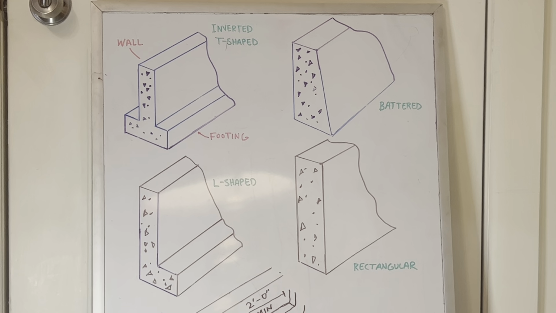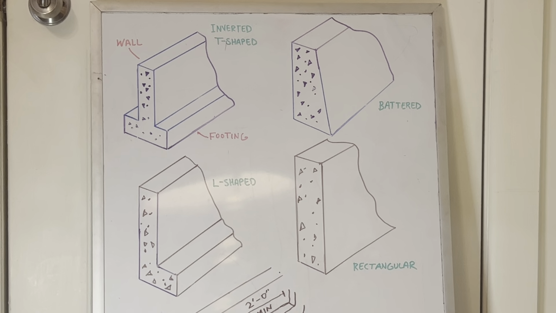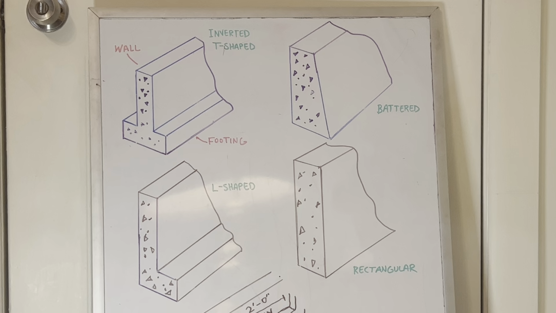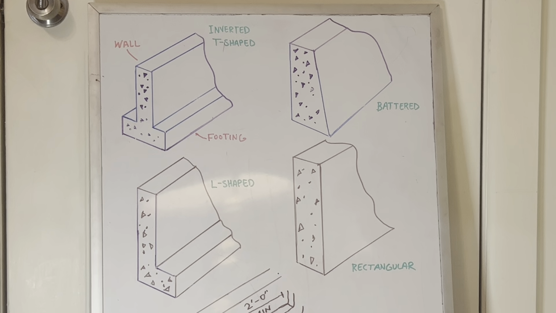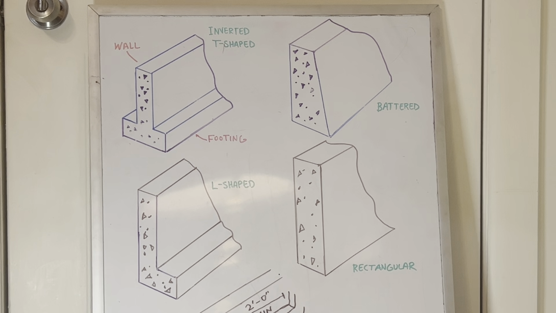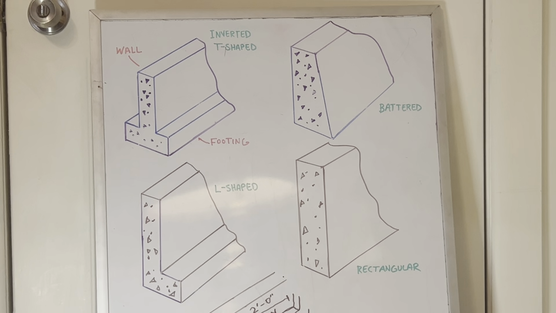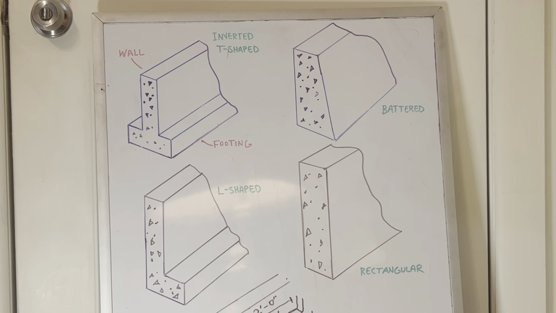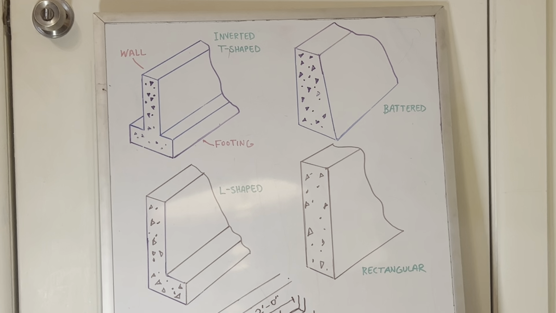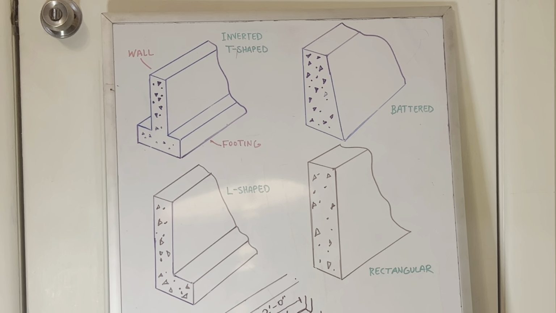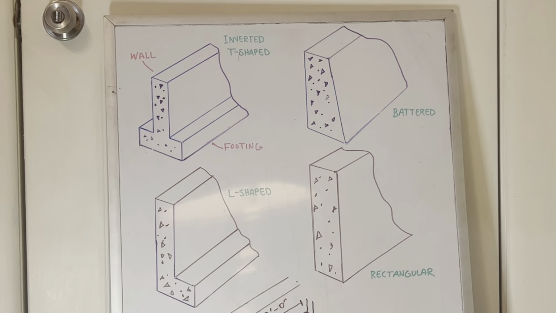They're looking to see what type of soil you're going to build on, and that has an effect on what type of foundation you're going to get, or that's going to be designed. Let me continue.